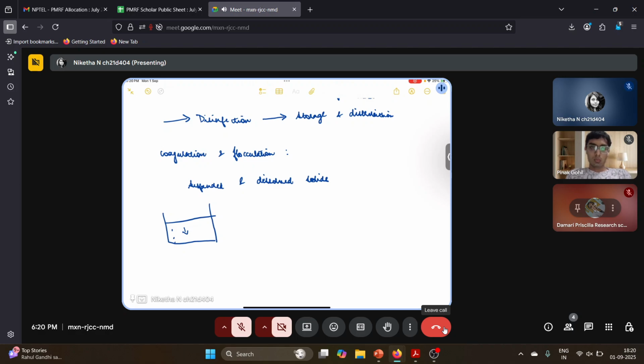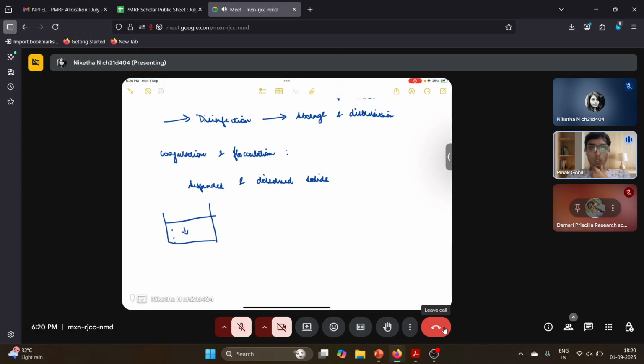So do you think particles that remain suspended will be able to settle down? Imagine you have suspended solids in water. Will it be possible for them to settle down?